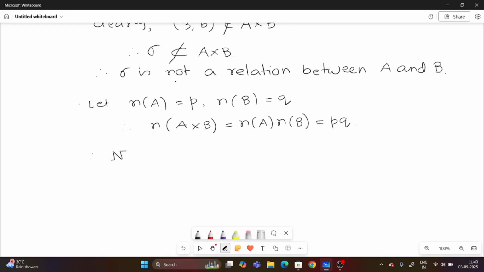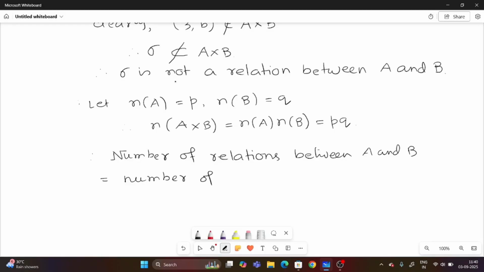Therefore, the number of relations between A and B is equal to the number of subsets of A cross B. Since A cross B has a total of PQ elements, the total number of subsets of A cross B is 2 to the power PQ, which can be written as 2 to the power N(A) into N(B).